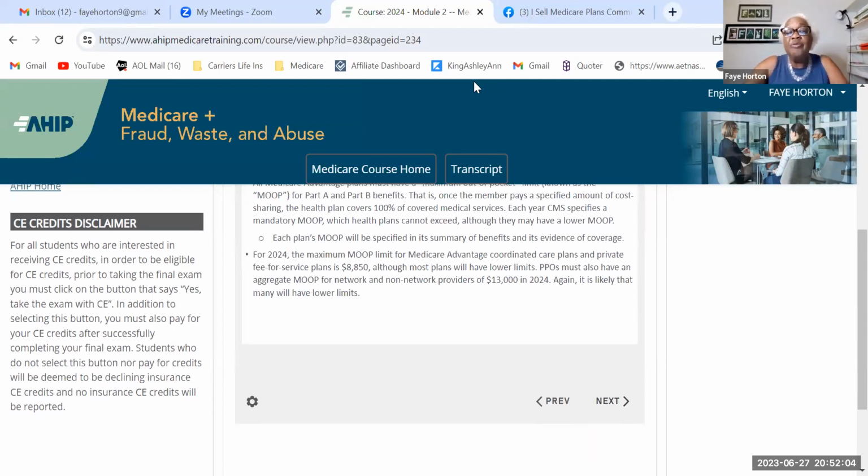For 2024, the maximum out of pocket for Medicare Advantage, coordinated care plans, and private fee-for-service plans is $8,850, although most plans will have lower limits.